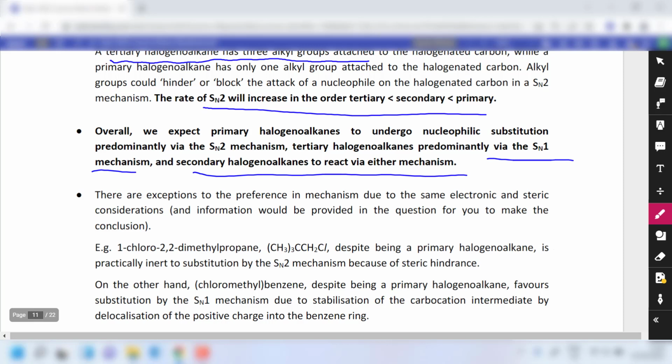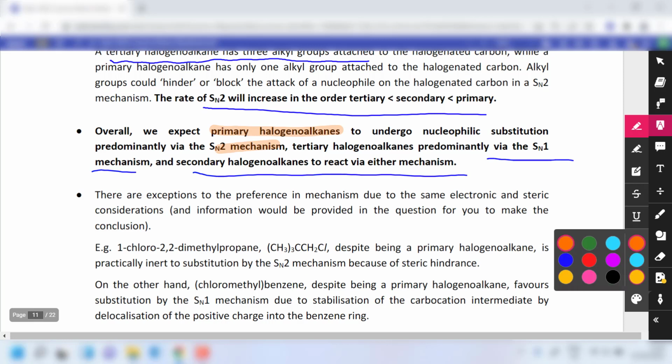But for the purpose of simplicity, in the case of most H2 assessments, we will usually ask you to examine the kinetics data, and then from the kinetics data or other kinds of data, you'll be able to tell whether it is SN1 or SN2. So you don't really need to memorize whether it is SN1 or SN2, but I think in a very generic way, you probably want to know that primary substrate prefers SN2, tertiary prefers SN1.